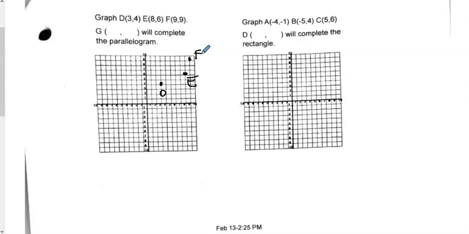Okay? So, we have this side here. Okay? From D, we need to have the same, they need to be parallel. So they're going to have the same slope.